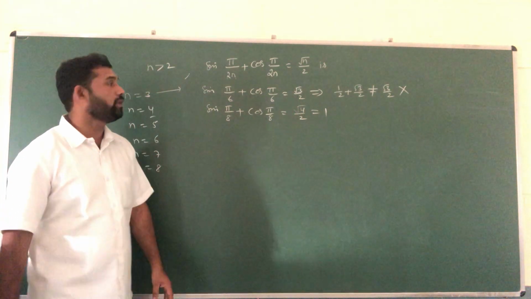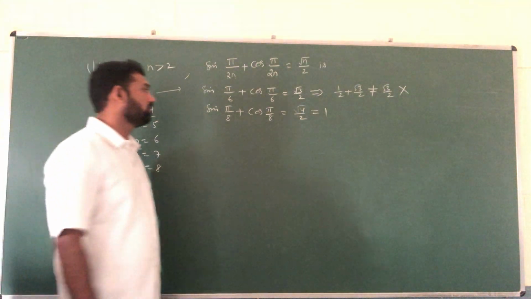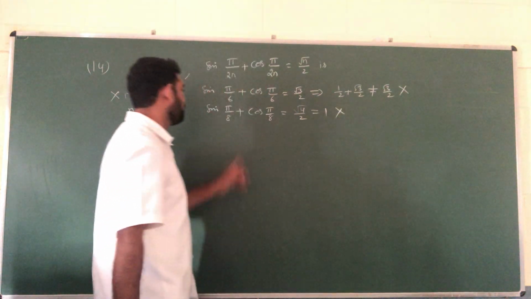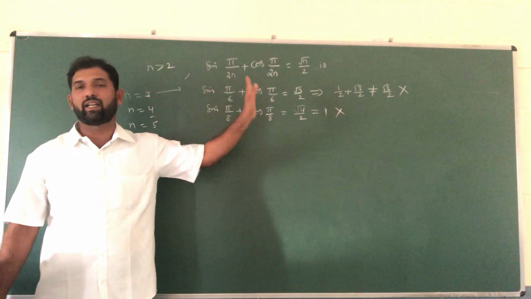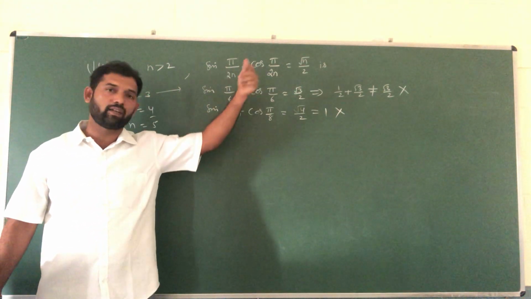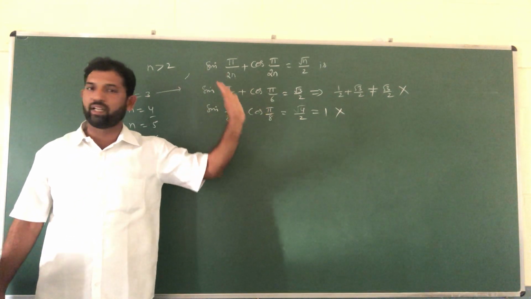The summation should be 1. What is sin pi by 8? That is sin 22.5 degrees. We are not getting 1, so it is wrong. Sin 22.5 degrees plus cos 22.5 degrees is definitely not equal to 1. You see the values table and do the simplification. We are not getting 1.